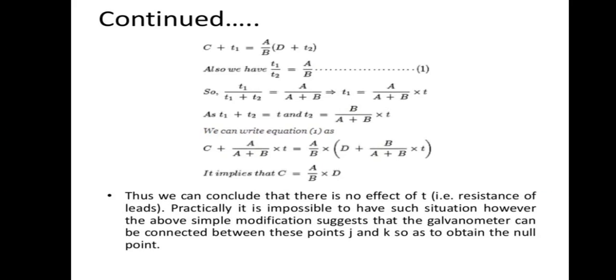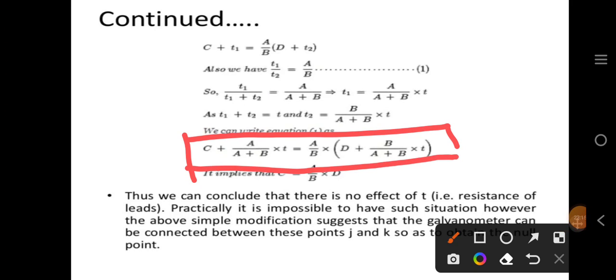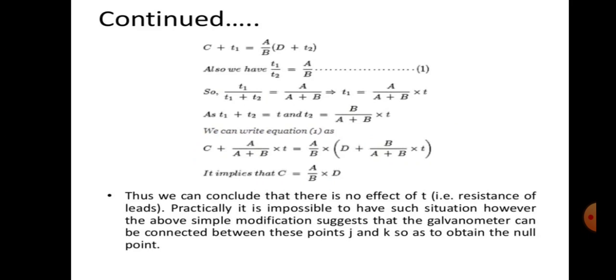So we will get this final equation, derived from the above equations, and it implies that C is equal to A upon B into D. Thus we can conclude that there is no effect of T, as in the equation you can see, without the T, C is equal to A upon B into D. So there is no effect of T, that is the resistance of leads.